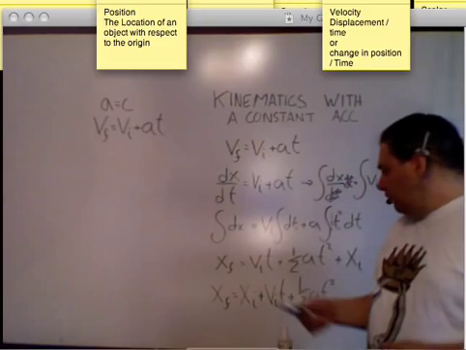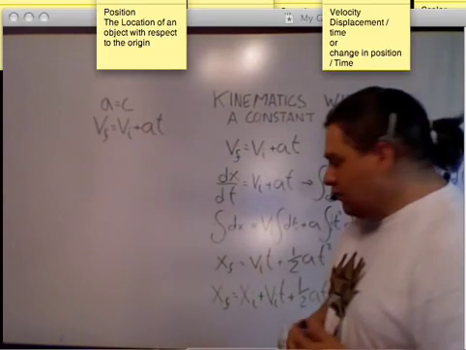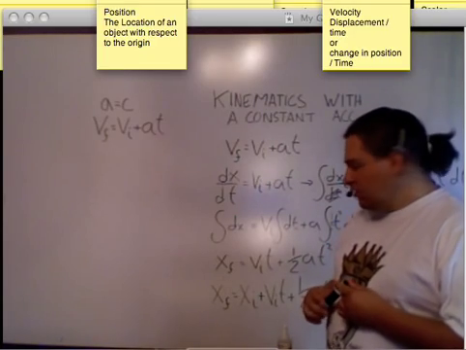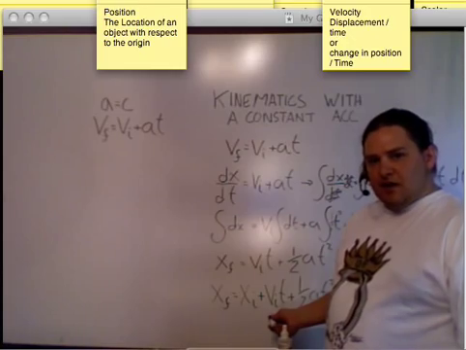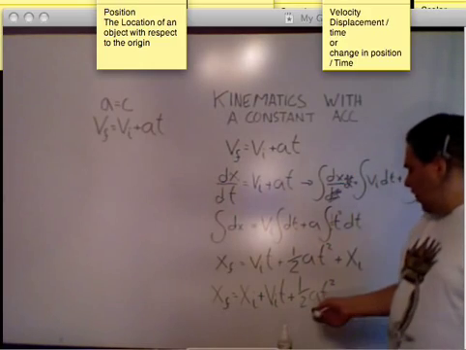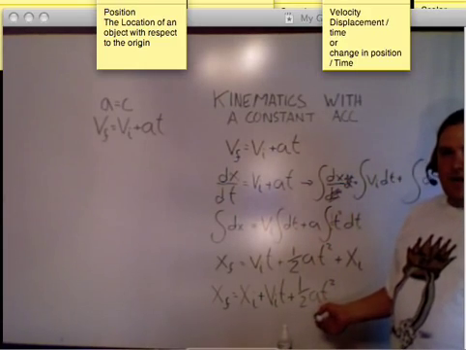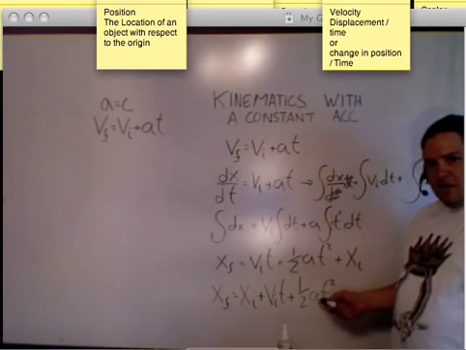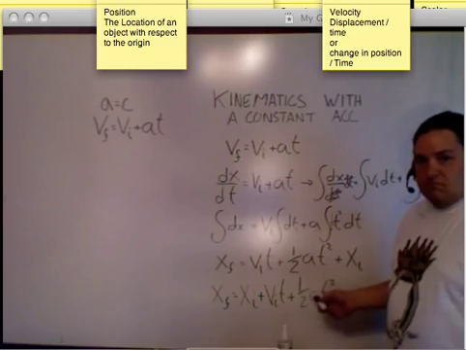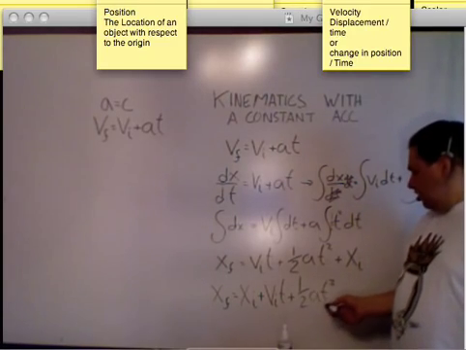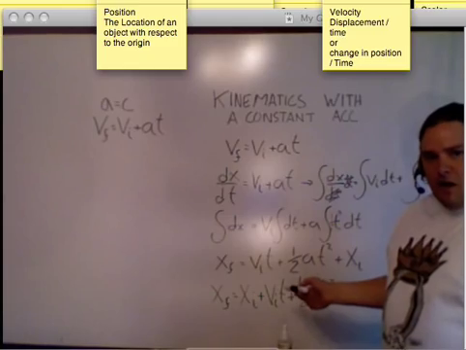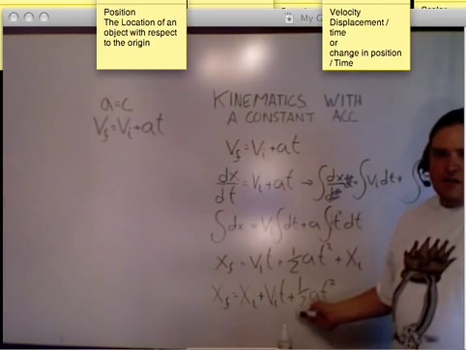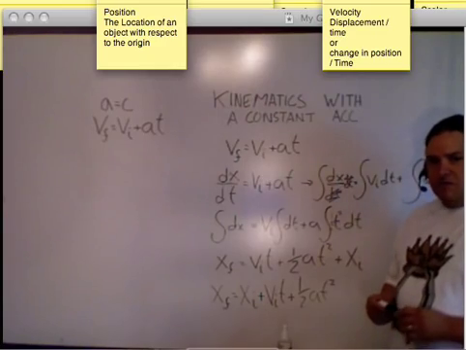That means the final position depends on a lot of things. The final position of an object depends on where it started, the initial position, how fast it was moving at that given time, and then the rate of change of that velocity and then some. So if you look at this equation really quickly, over long periods of time, this acceleration term is going to play a major importance in its displacement.